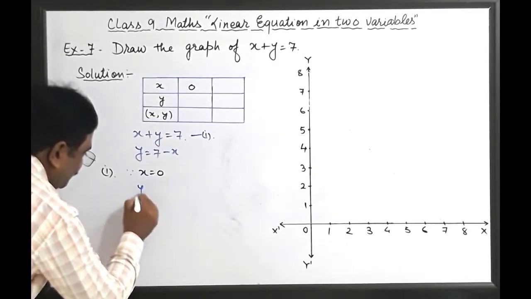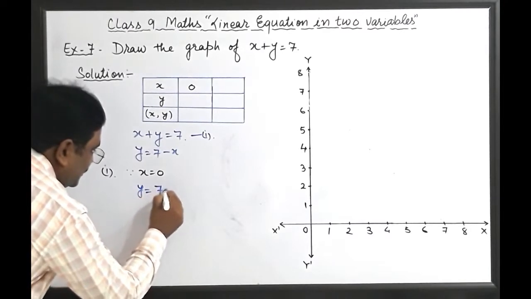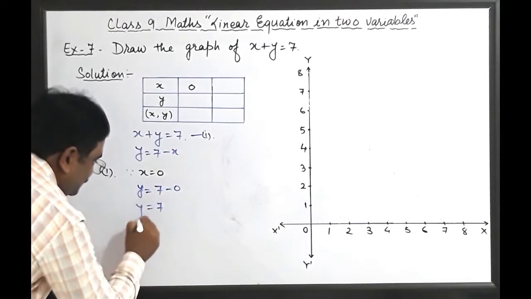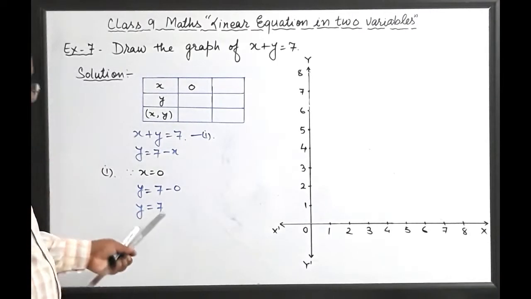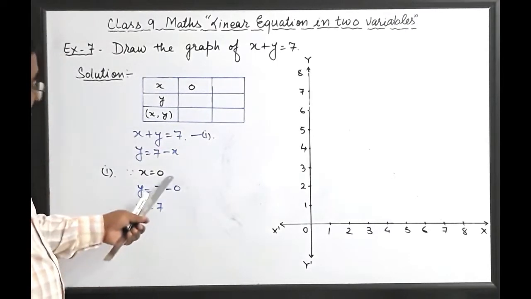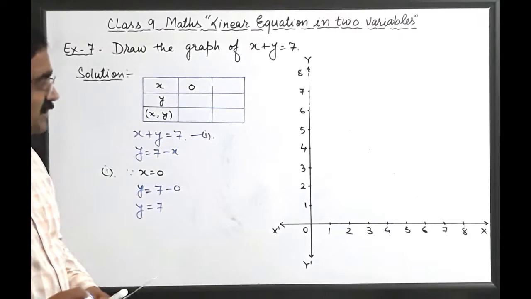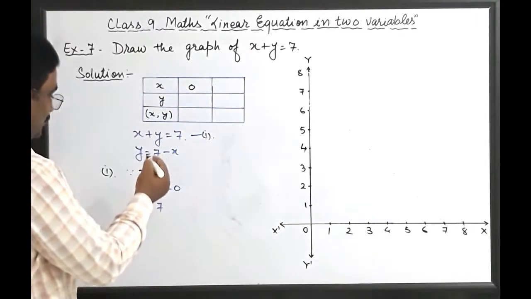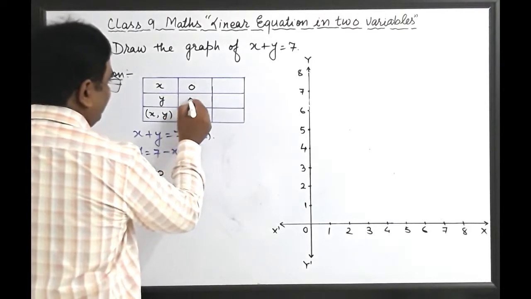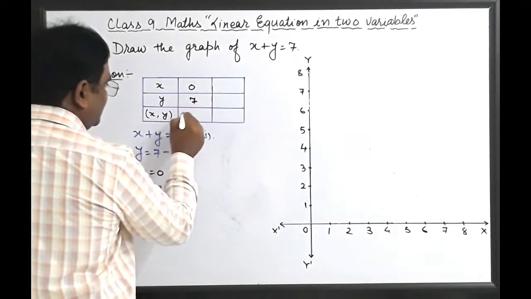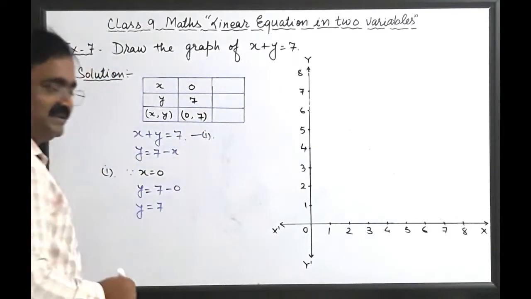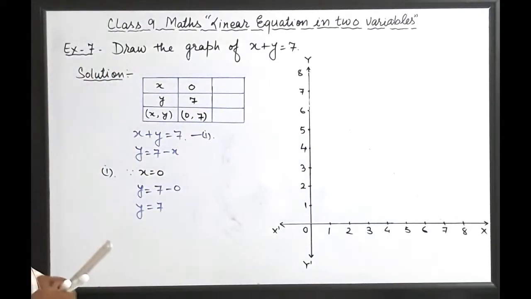You will get y equals 7 minus 0, so y equals 7. This is the corresponding value of y for x. So as x equals 0, you got y equals 7. So our coordinates become (0, 7). Right children?